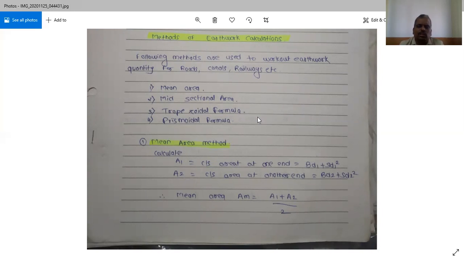First of all, A1 will be the cross sectional area of first end, that is BD1 plus SD1 square. A2 will be the cross sectional area of another end, that is BD2 plus SD2 square. So how to find out the mean area? Mean area AM is given by (A1 plus A2) divided by 2.